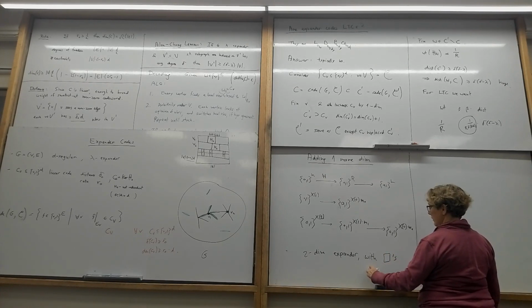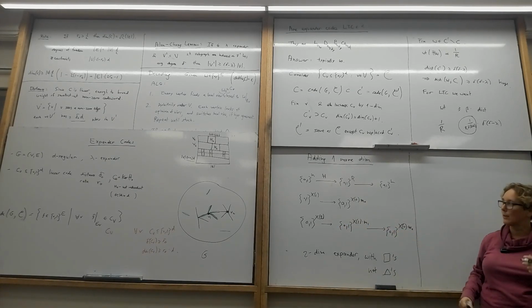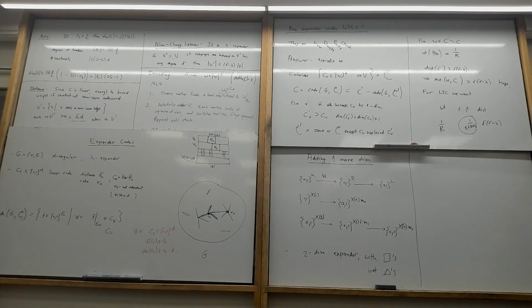It will have squares. And somehow, using this, we will be able to construct such a chain and construct such a code. Okay, so this is what I want to talk about. First, I want to talk about this structure X, and then I'm going to talk about the code.